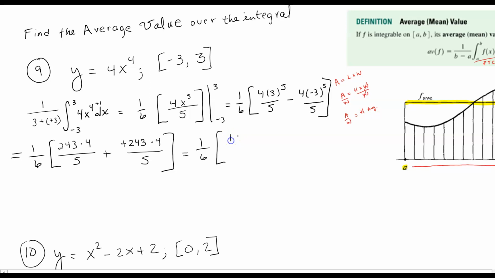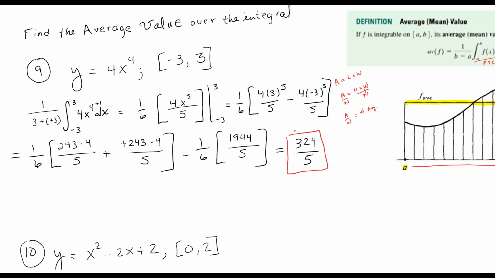We get 1/6 of 1944 divided by 5, and then when you multiply those two fractions, you get 324 over 5. And that right there represents the average height of all of the rectangles from A to B if we were to overlay those rectangles on the graph of the function.